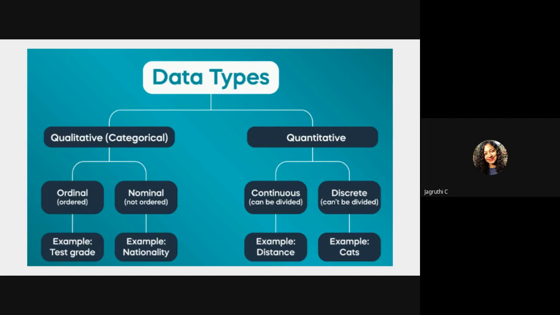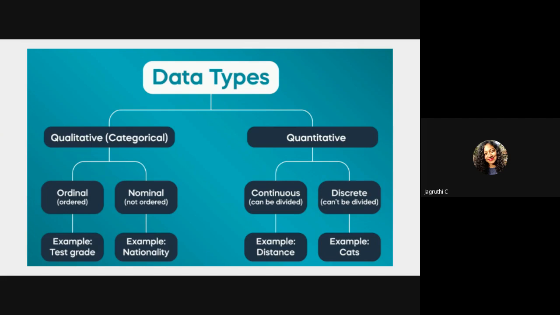And now this again is broken down into two types: ordinal and nominal. Getting into ordinal data, this is the type of data that follows a natural order. What I mean by that is, number one, it can be ranked, it can be ordered. It cannot be measured.